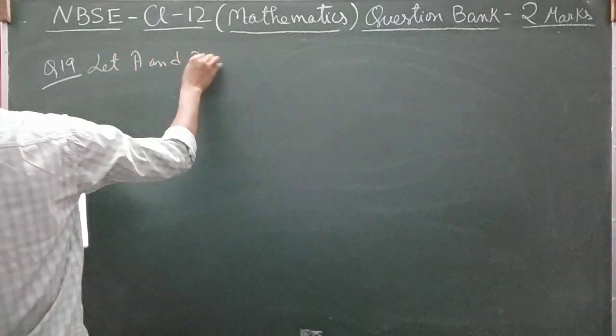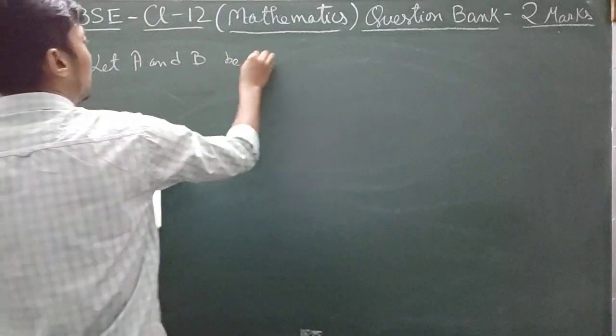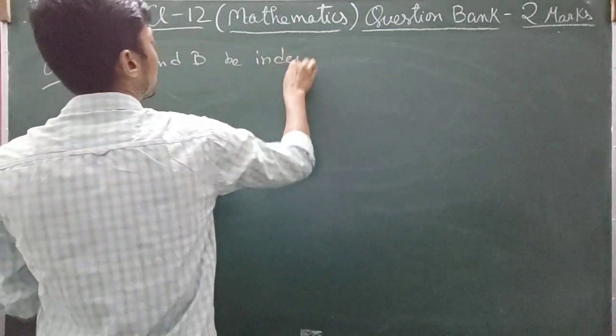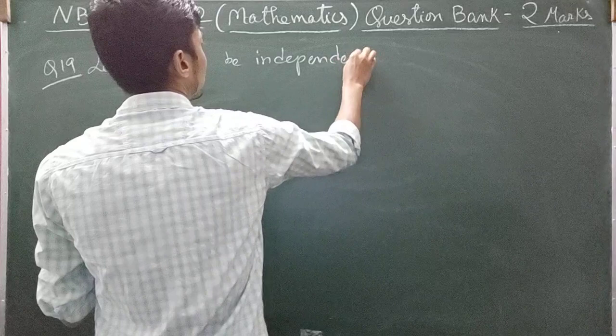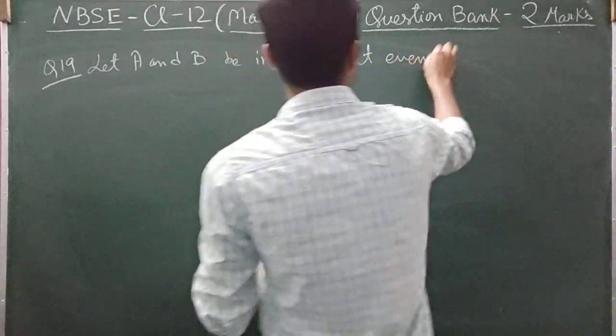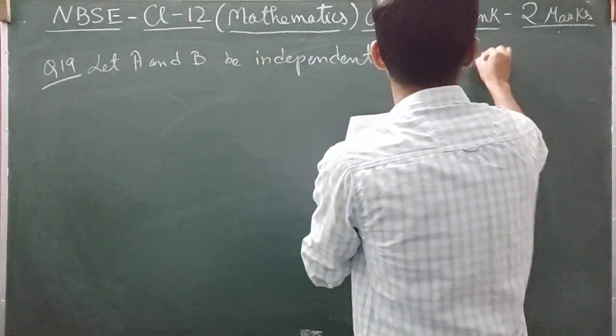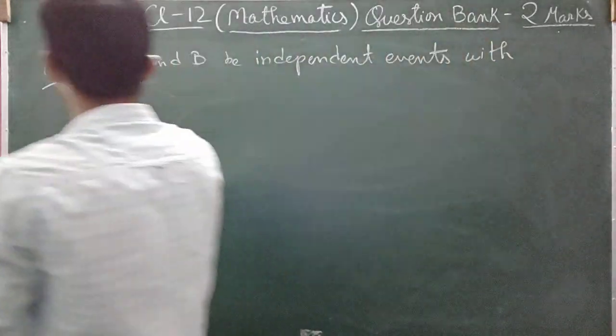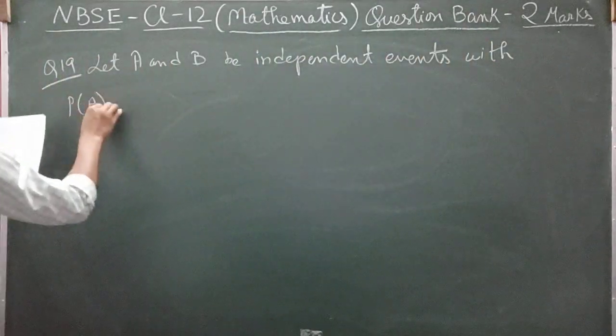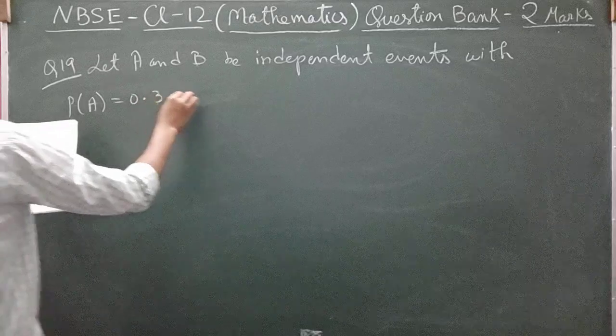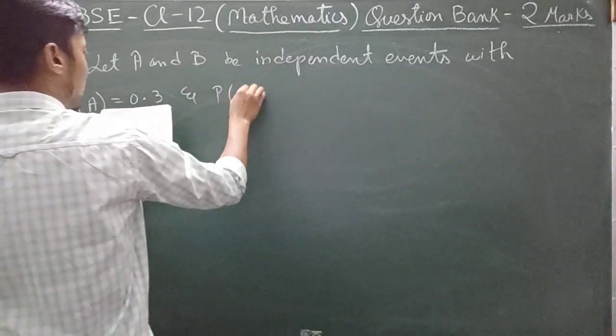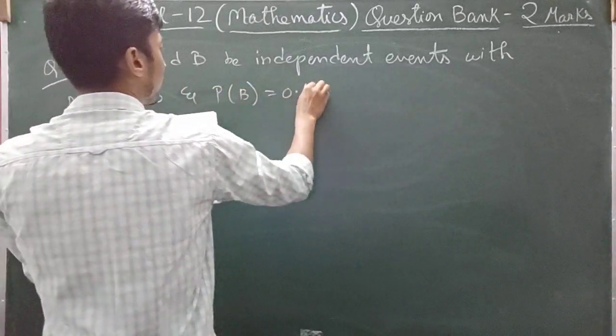Let A and B be independent events with probability of A given 0.3 and probability of B given 0.4.